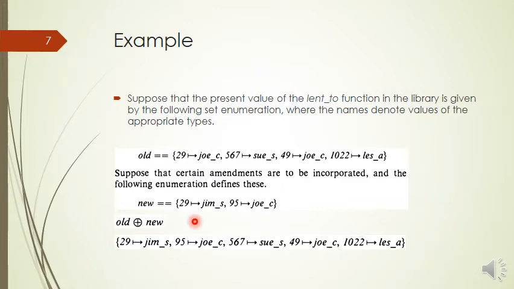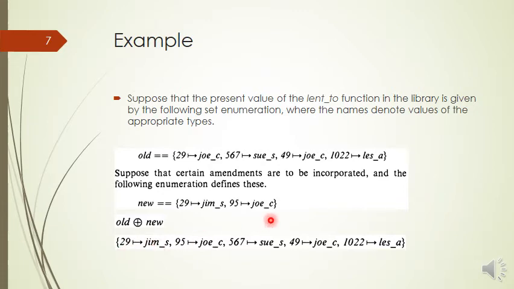Now by applying the overriding operator on both the functions, what we get is another function. As you can see, in function old, book 29 was issued to Joe, and after the update and by applying the overriding operator, now book 29 is issued to Jim.